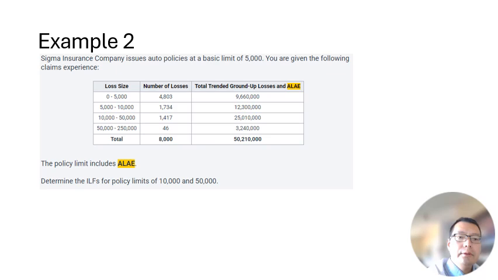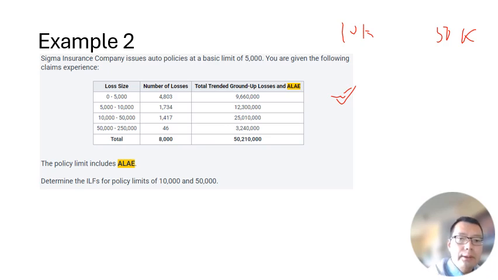Let me write it here. For the 10K and the 50K, two different cases. So this one would still be the same. But when it gets to the third category, 10,000 to 50,000, or even the fourth category, 50,000 to 250,000, in this case the 10K limit is smaller than the loss size, so the limit will be used.